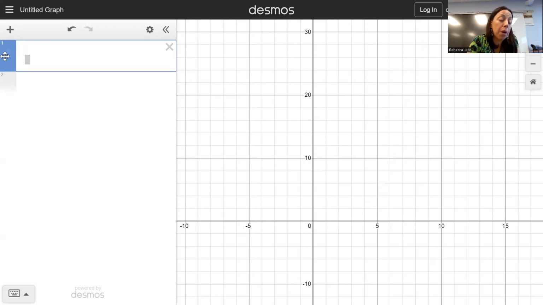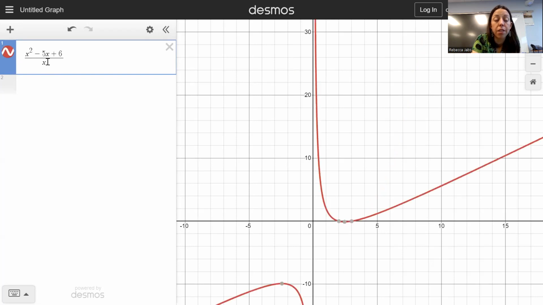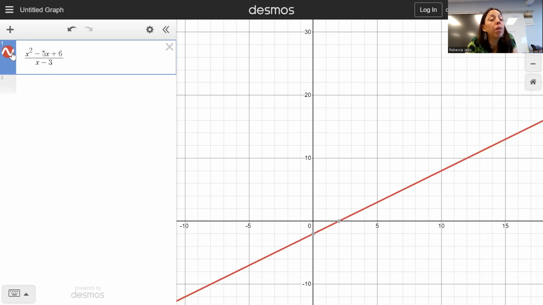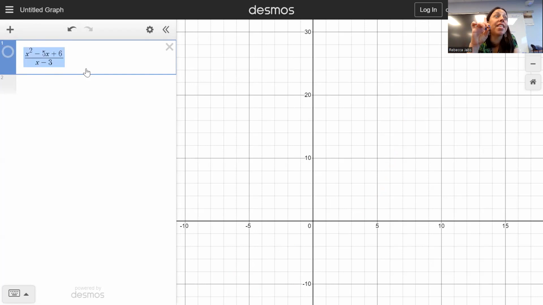My apologies for the one before. X squared minus 5x minus 6, and then x minus 3. Okay, look at this one. Is this graph continuous or discontinuous? It is discontinuous because there is a fraction.